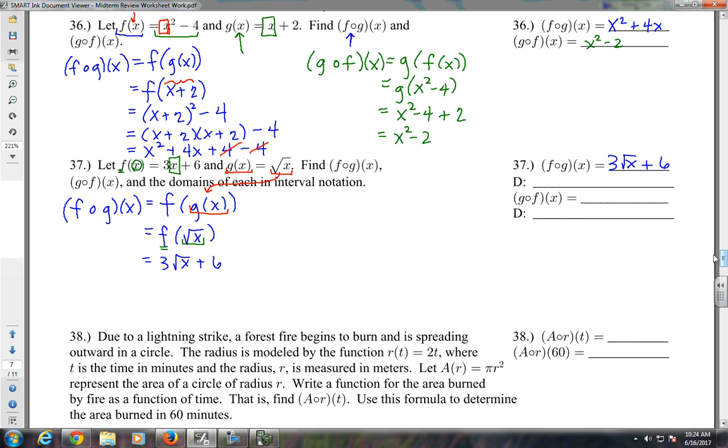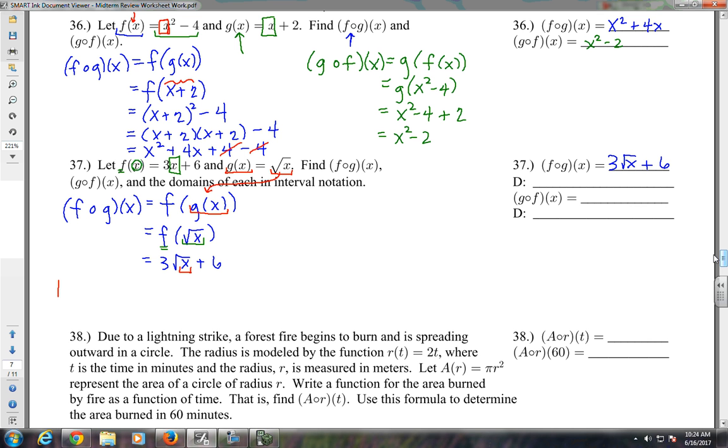As far as finding the domain of this function, remember, if you have a fraction, you make sure your denominator is never 0. If you have a radical, you have to make sure that your radicand is either positive or 0. Because if you get a negative value for this radicand, that's going to give us an imaginary number.